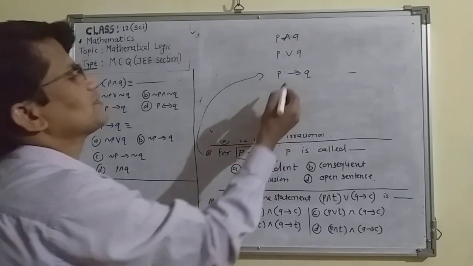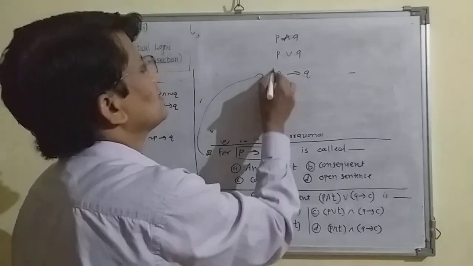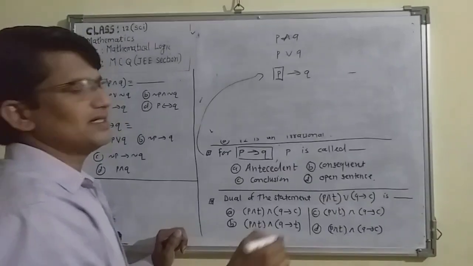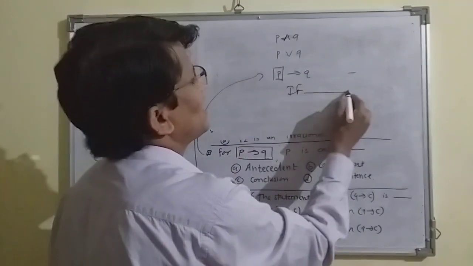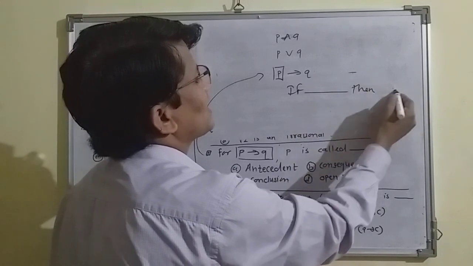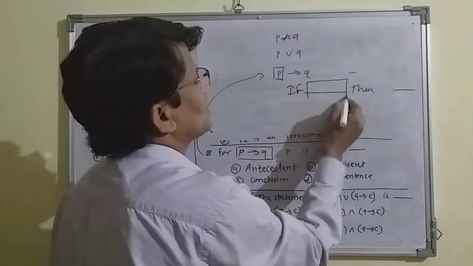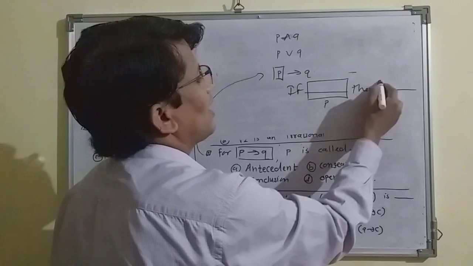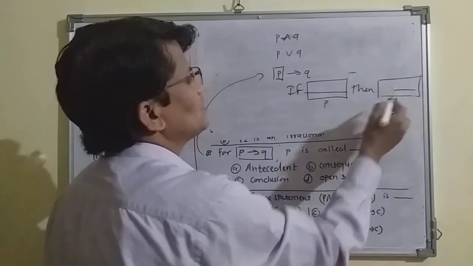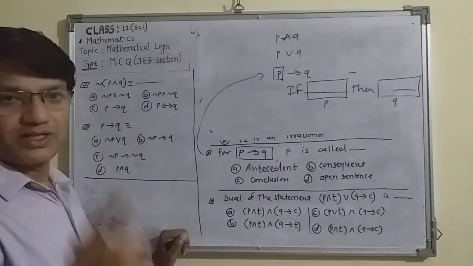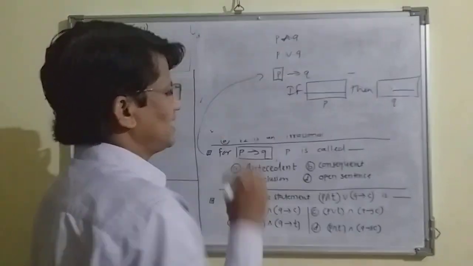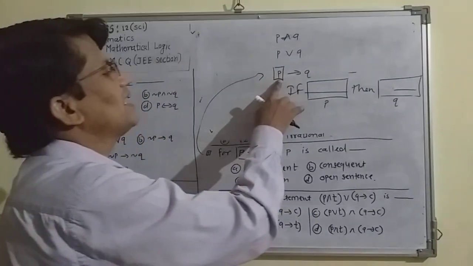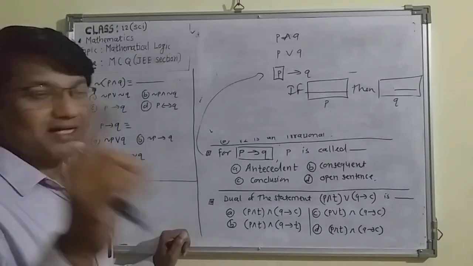For P implies Q, P is called. This first part is called. This statement can be written like this: if dash, then dash. So this section is P, and this other part is Q. These are two different statements. First, P is called antecedent, and Q is called consequent.